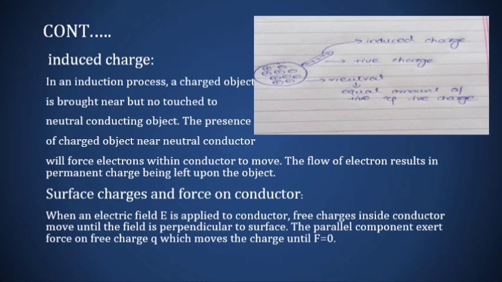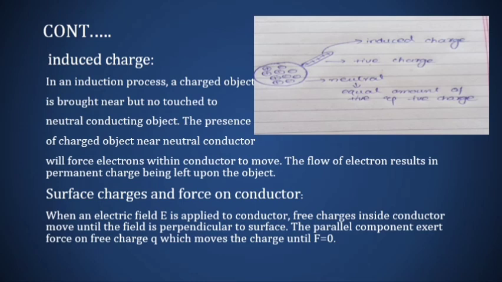Since the negative induced charge is closer to Q, there is a net force of attraction. So the presence of a charged object near a neutral conductor will force electrons within the conductor to move. The flow of electrons results in a permanent charge being left upon the object. That is called induced charge.